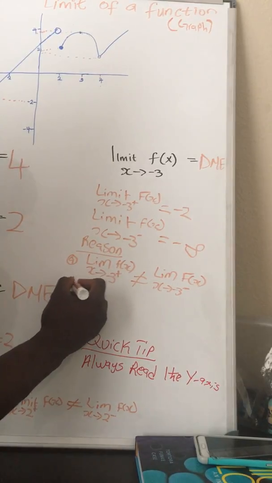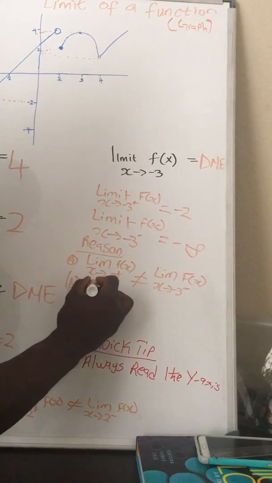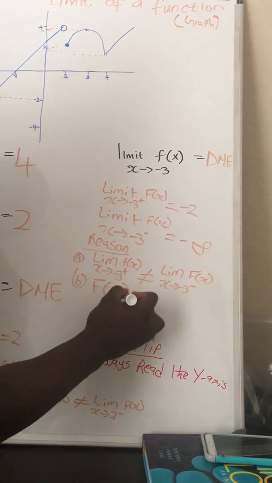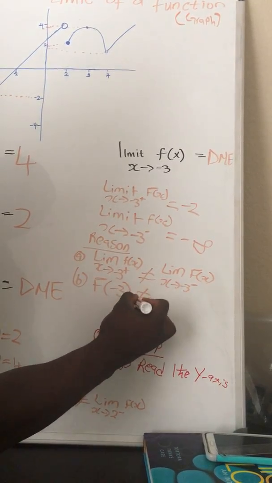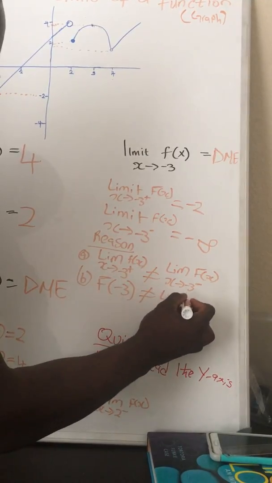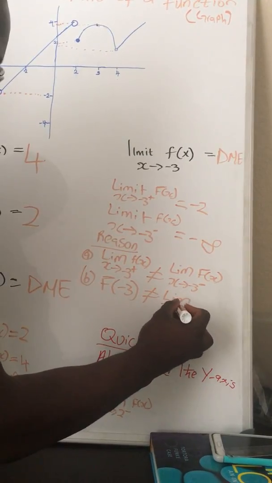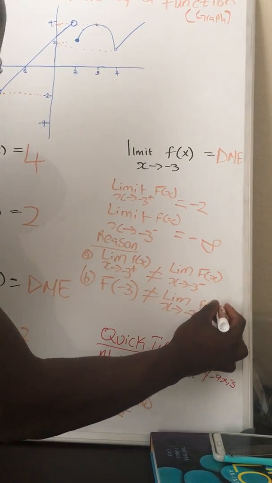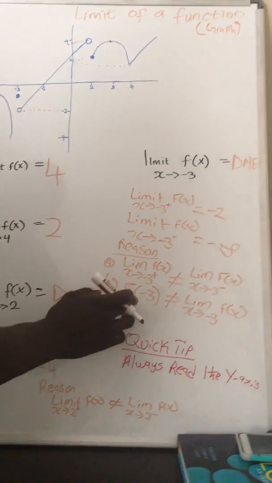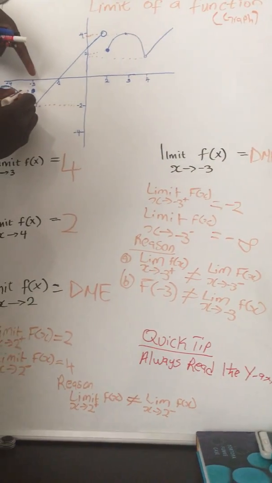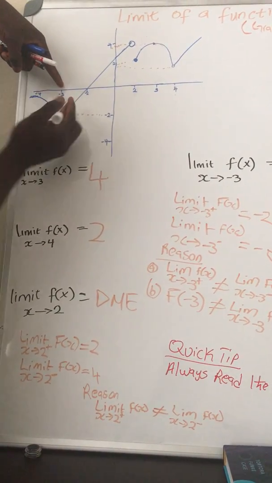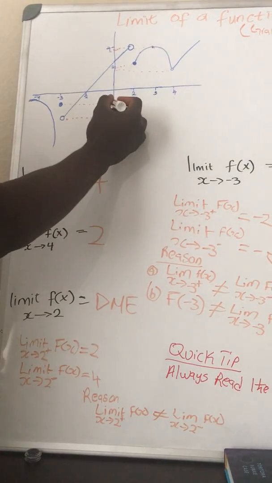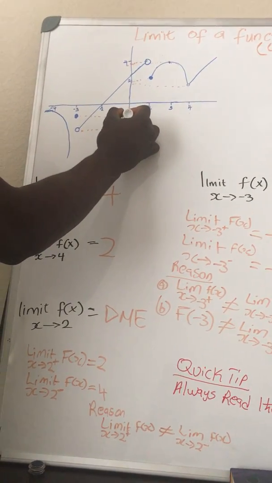And this is the first reason. The second reason is that f of -3 is not equal to the limit as x approaches -3 of f of x. You can see that right here: f of -3 is right here, and this is -1.